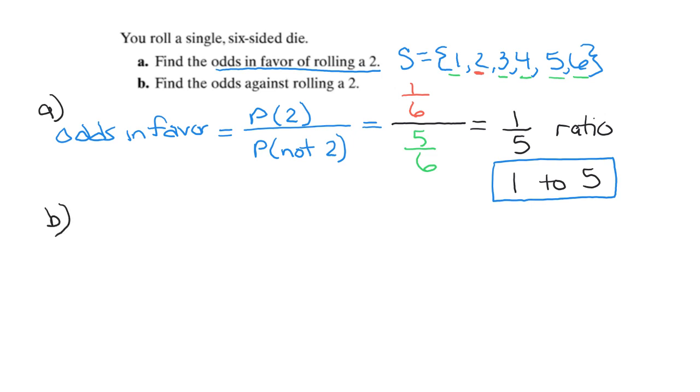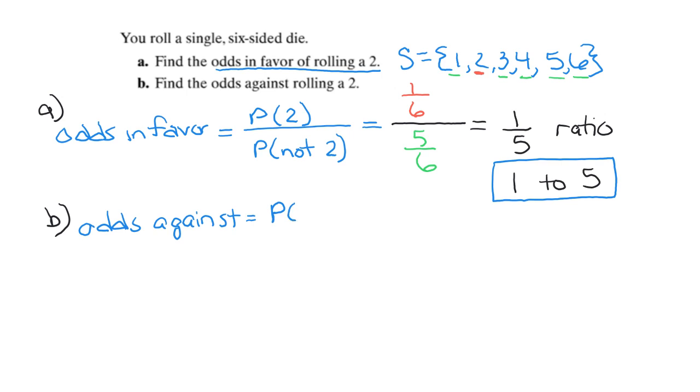Part B says odds against rolling a 2. So we just learned that for the odds against, all we have to do is reverse our answer from the previous part A. And I'll go ahead and write this down.